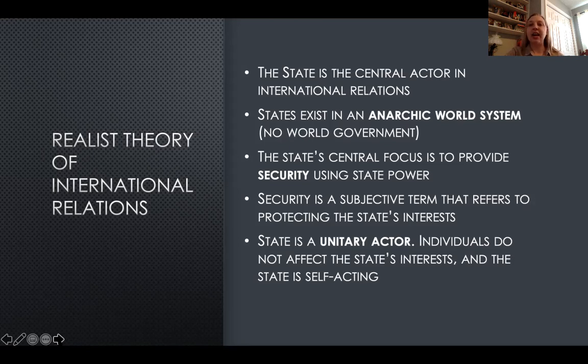All right, and then once again, I just want to reiterate that within realist theory, the idea is that it doesn't matter who the president is, it doesn't matter what public opinion is, that the state is going to behave as the state sees fit within international relations, regardless of internal politics.